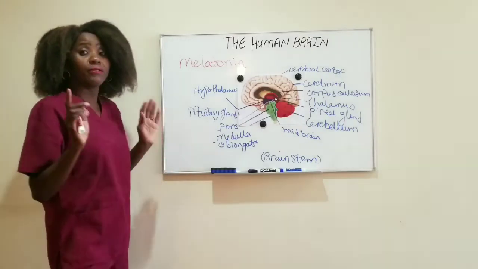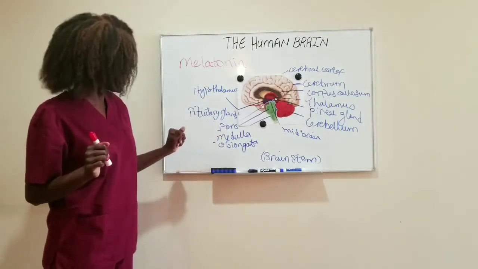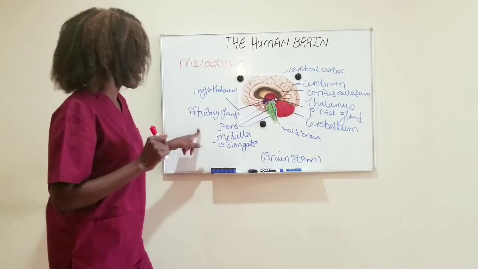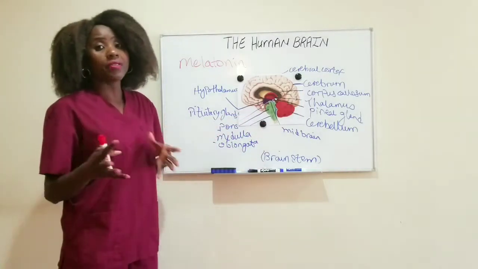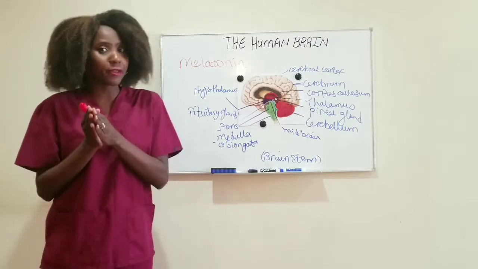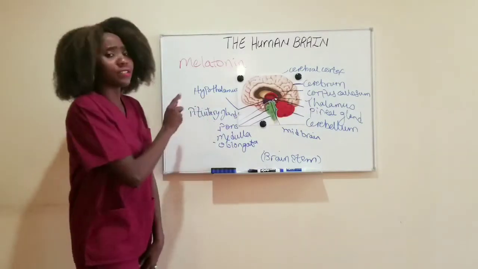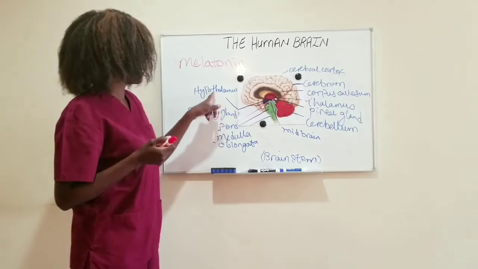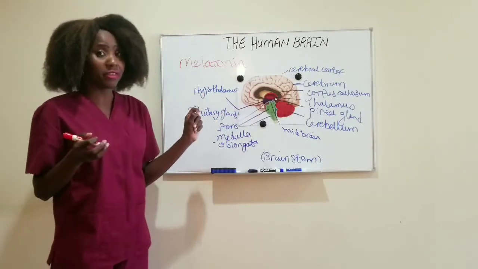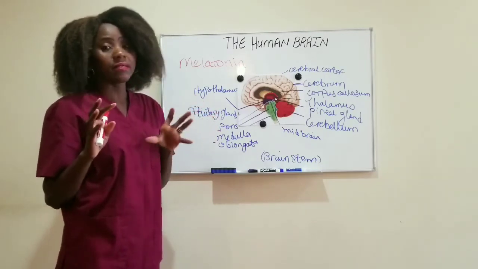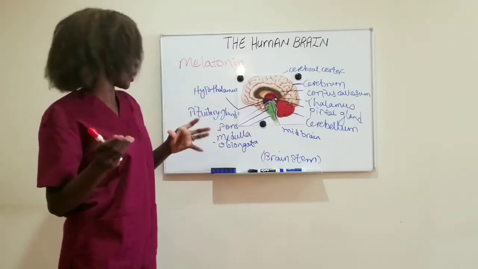All right, so let's focus now on the hypothalamus and the pituitary gland. If you notice, they are close to each other and they actually work nicely together. A lot of the hormones that we need in our bodies are actually produced in the hypothalamus, and they're stored in other glands of the body.